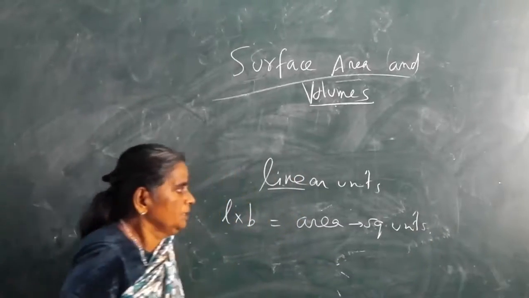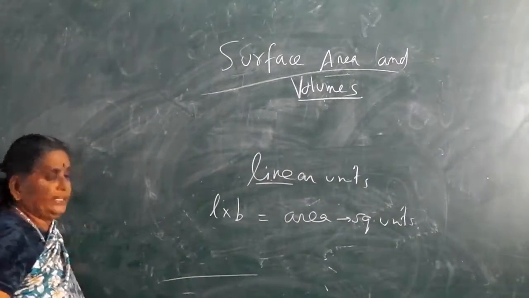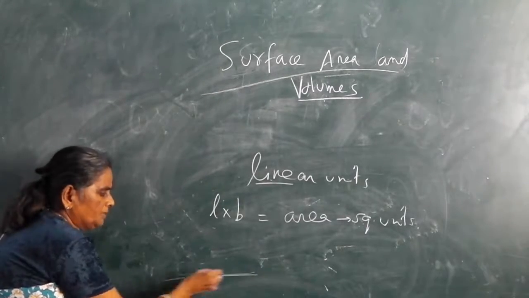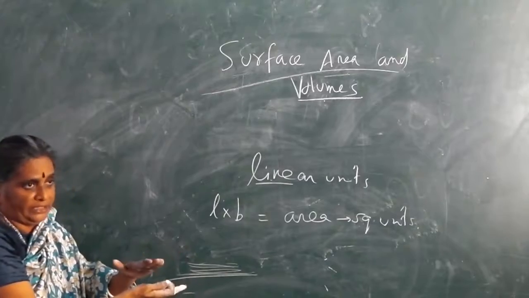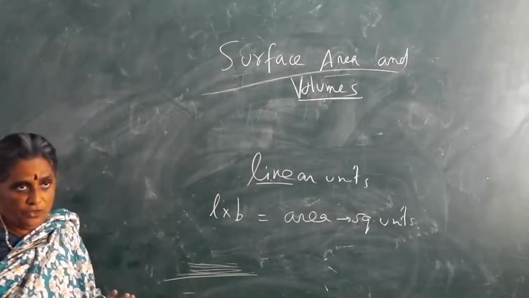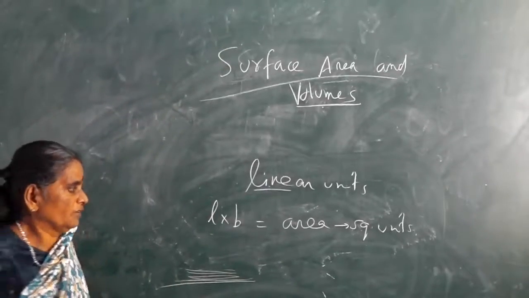Now, actually what is a surface? This is a line. It has no thickness. You are just having line over line over line over line, densely packed, which will give you a surface. If it is straight, it will be a plain surface.